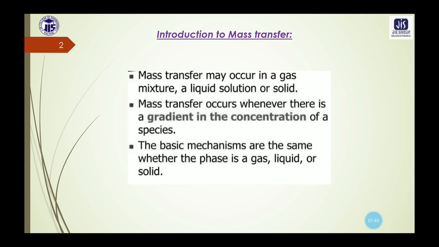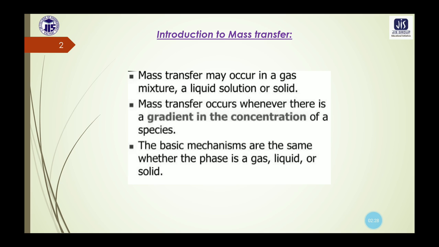In case of a system which consists of one or more components where the concentrations are varying from point to point, there is a natural tendency of transport of different species from the region of high to the low concentration. This is similar to the heat transfer concept. This process of transfer of mass as a result of species concentration difference in a system or mixture is called mass transfer.